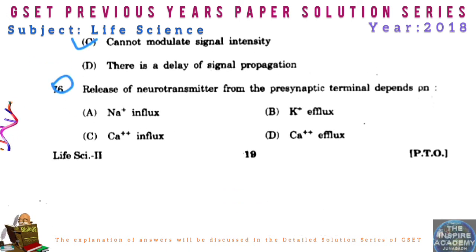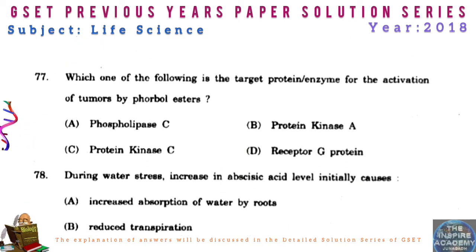Question number 76. Release of neurotransmitter from the presynaptic terminal depends on calcium influx. Question number 77. Which one of the following is the target protein or enzyme for the activation of tumors by phorbol esters?